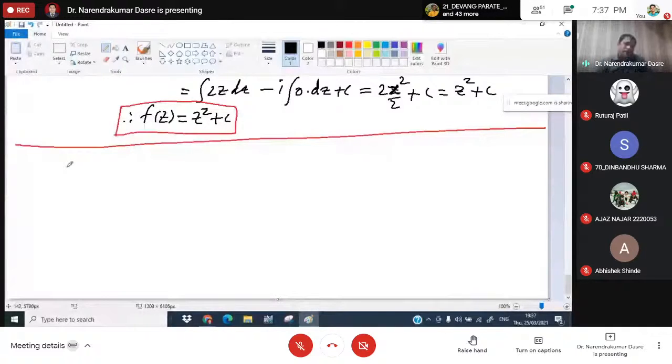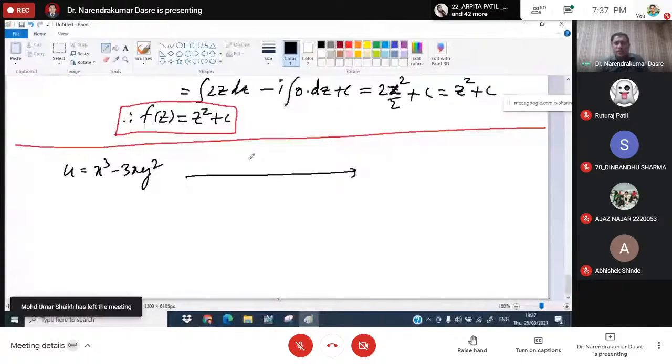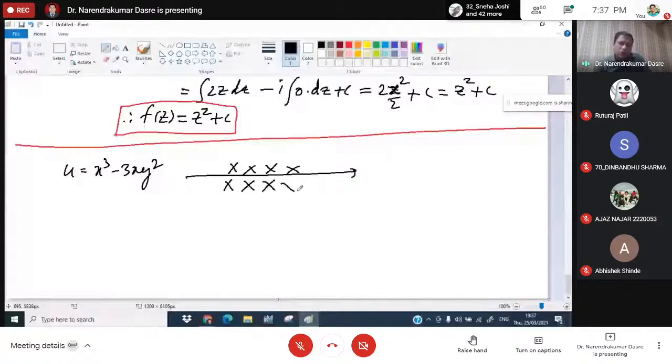Okay, u is there, that means it's going to be the real part, and I want to find out the corresponding analytic function. I don't want to do these calculations, or this is an MCQ, so I don't want to go through all these steps. Put x is equal to z and y is equal to 0. If I do that, then what will I be having here? Can you guess what this will be?